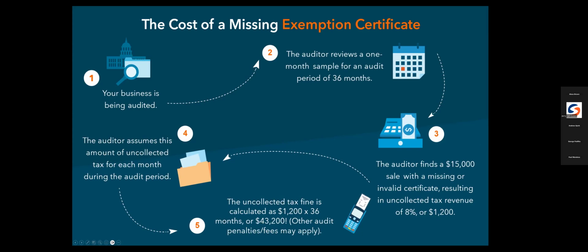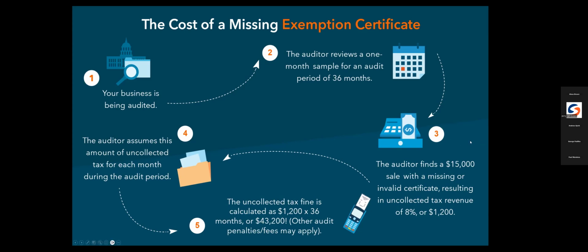They'll look at that sample and they might find an error rate in that sample. Maybe you didn't have a certificate and the auditor found that, in this alone, it should have been $1,200 in tax. So they don't just bill you for $1,200. They take that error rate and they apply it over the whole period.